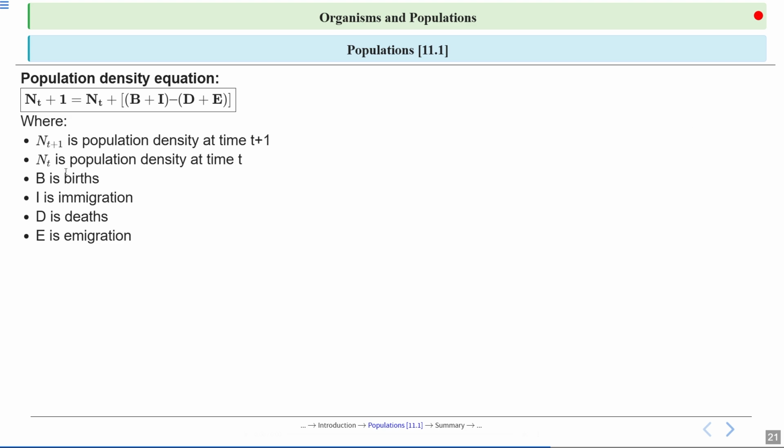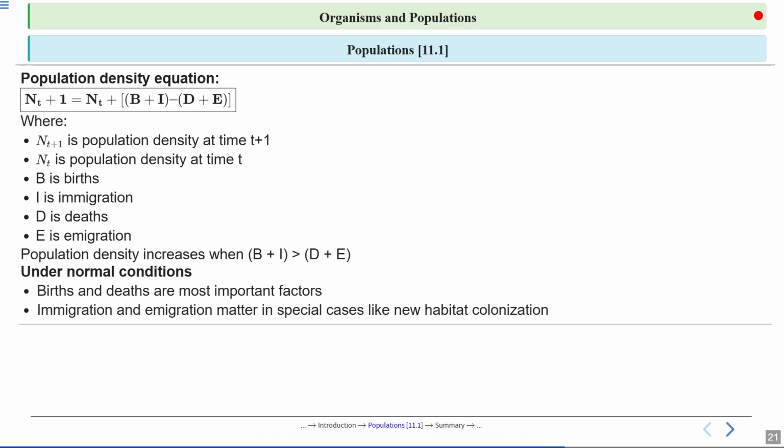Okay, clear? So you can see this Nt is the current population density, and Nt plus 1 is the population density at time t plus 1. Now population density will increase when the sum of B and I, meaning birth and immigration, is greater than the sum of D and E, meaning death and emigration.